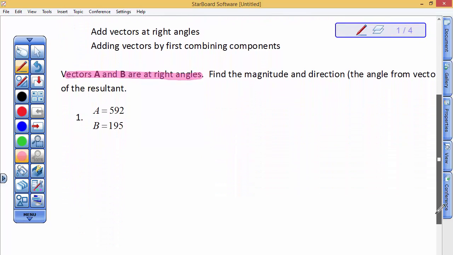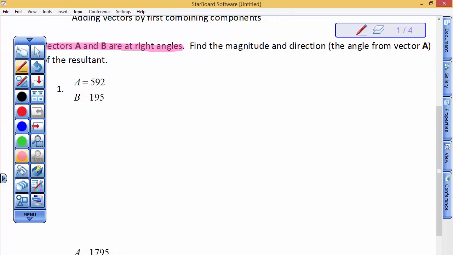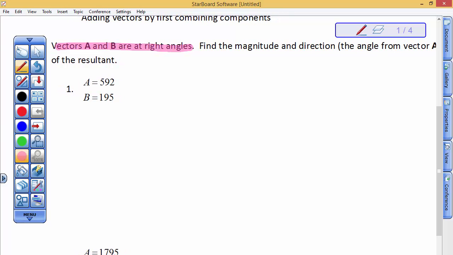So find the magnitude and direction, in other words, the angle from vector A for the resultant. So I'm going to draw a picture of this, and vector A is a bit longer. Let's draw vector A about 600 units in length, going to the right, just because I'm thinking about the rectangular coordinate system, so I'm going in the positive x direction.